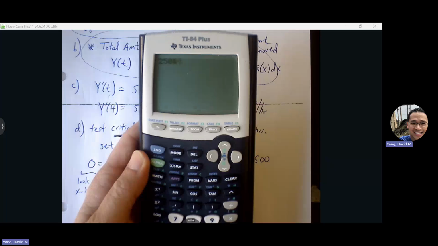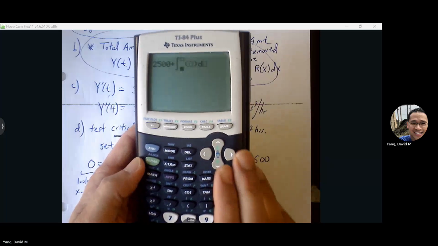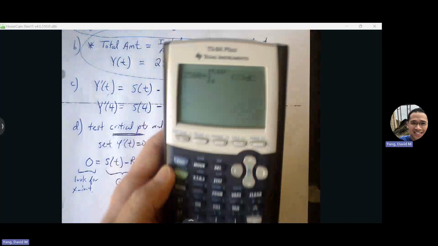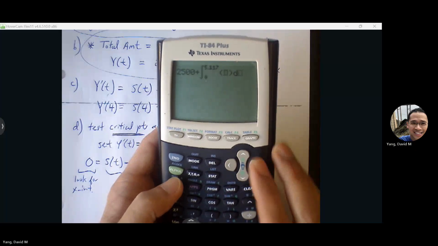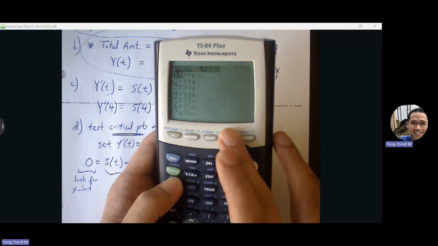So I'll do 2,500 plus math 9 from 0 to 5.117 under S. S is stored under Y2 for me.